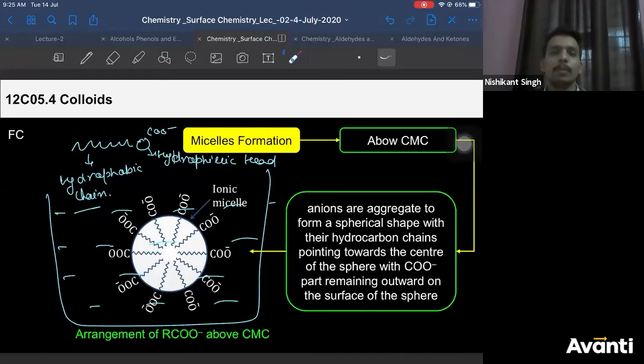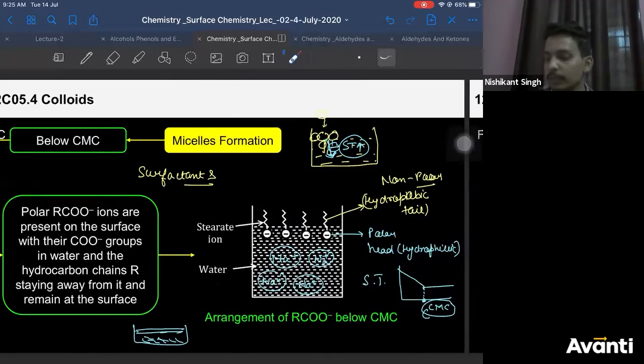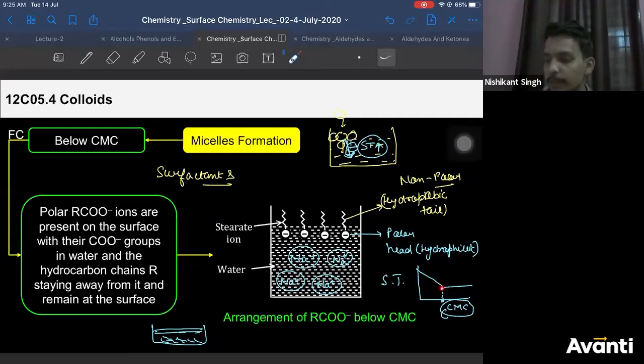Why do micelles form a spherical shape? Right, very good. So see, you must have observed it's related to surface energy, surface tension, right? So you see this graph where micelle formation takes place at minimum surface tension, right? Minimum surface tension or minimum surface energy is attained when the shape is spherical, because the surface area will be minimum, right?